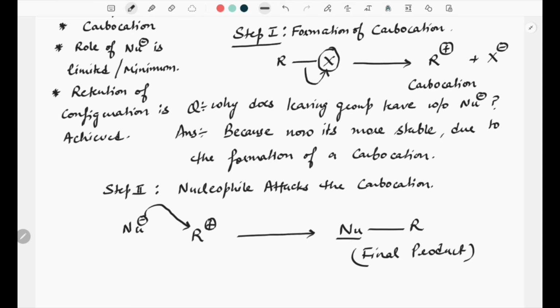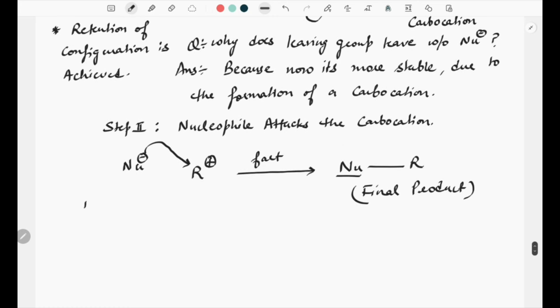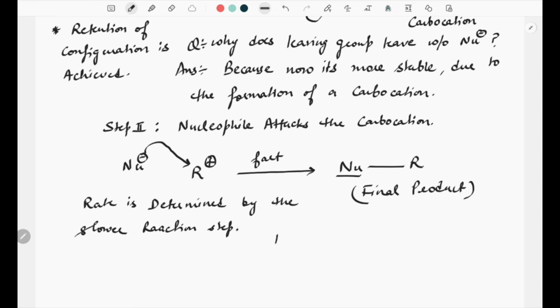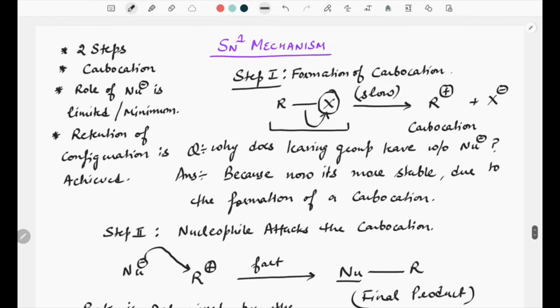Now since there are two steps, the first step is slow and the second step is fast. Now in such a case rate is determined by the slower step. Therefore in this case rate is equal to K, and in the slow step there is only one reactant.